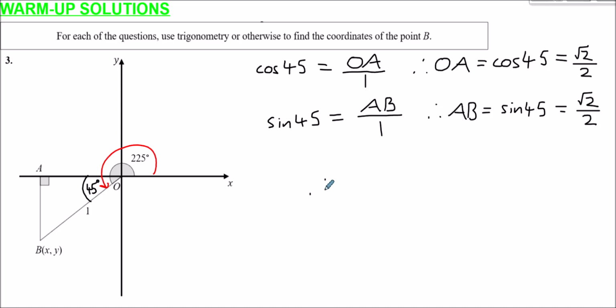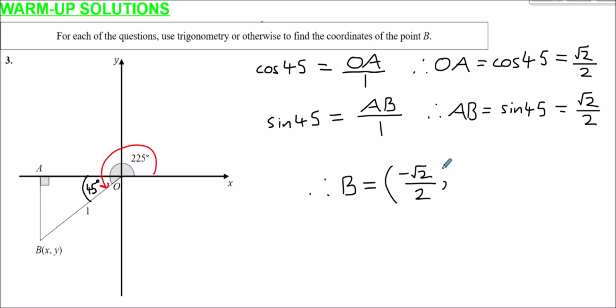So how does that relate to the coordinate B? Well, x is the x-coordinate of B, I mean to say. And so we worked out the distance from A to O was root 2 over 2, but we can clearly see here B is where x is negative. So the magnitude of AO, or OA, is root 2 over 2, but because this is where x is negative, the x-coordinate will be minus root 2 over 2.